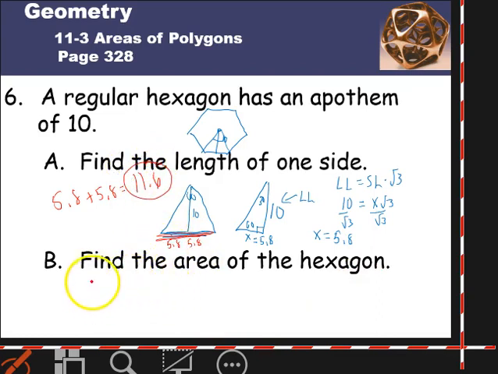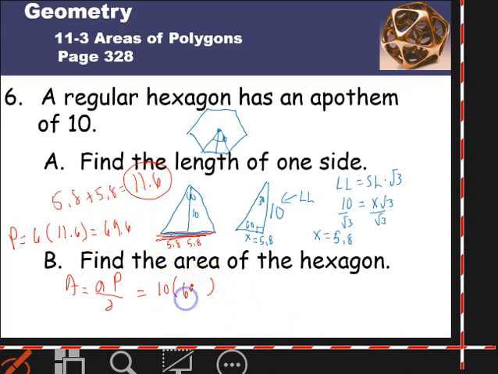Now to find the area of the hexagon, remember it's the apothem times the perimeter divided by 2. So the apothem we knew was 10, they gave it to us. And then we need to multiply that by the perimeter, but I don't know what the perimeter is. Well, there's 6 sides, and each side is 11.6 long. So 6 times 11.6 is the perimeter, which is 69.6.